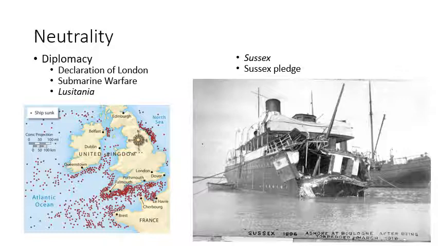The thing is, William Jennings Bryan recognized that on some level, Great Britain was using American passengers on their ships basically as a shield to protect their contraband cargo. And so Bryan proposed that Americans shouldn't travel on belligerent ships. And this is actually supported across many parts of the United States.